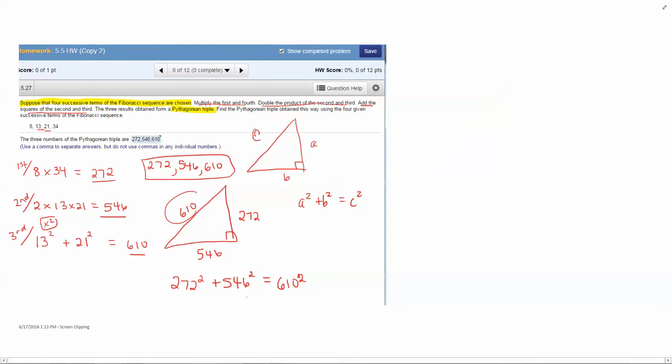So let's go ahead and verify that. 272 squared plus 546 squared is equal to 372,100. And then if you calculate 610 squared, you get the same answer. So this is establishing the fact that we have found a Pythagorean triple.